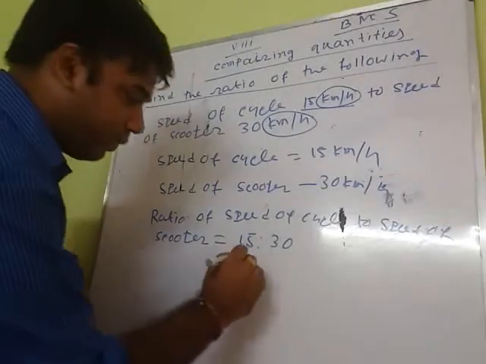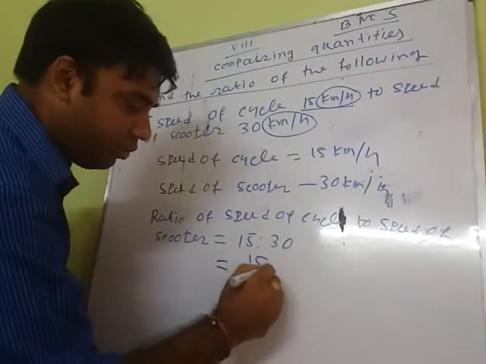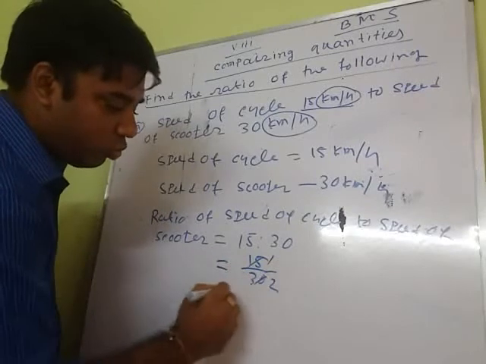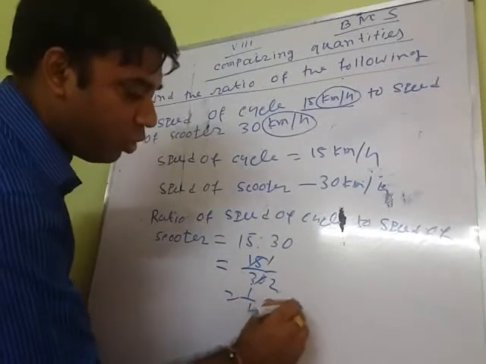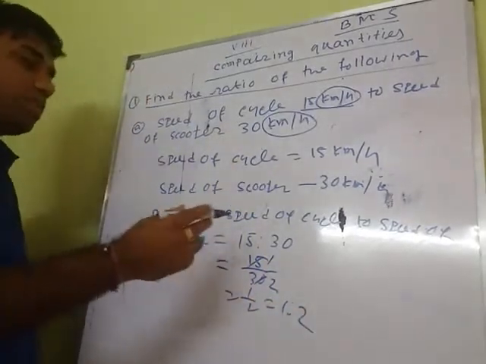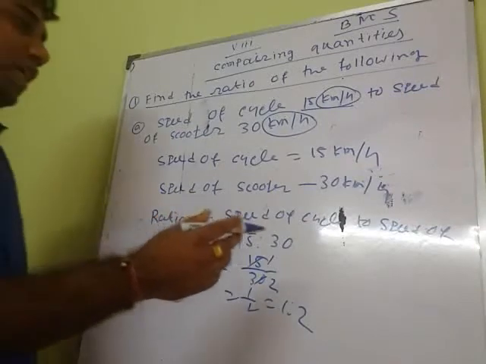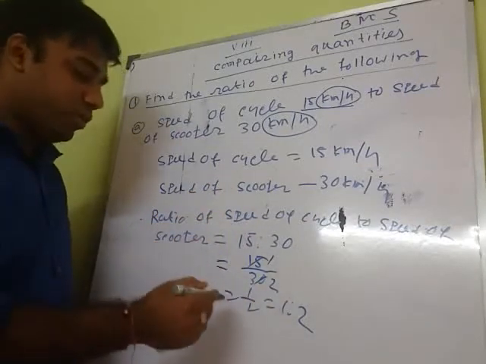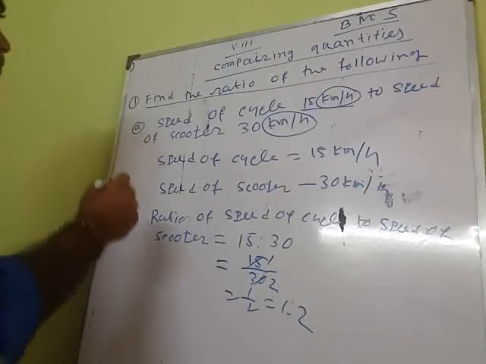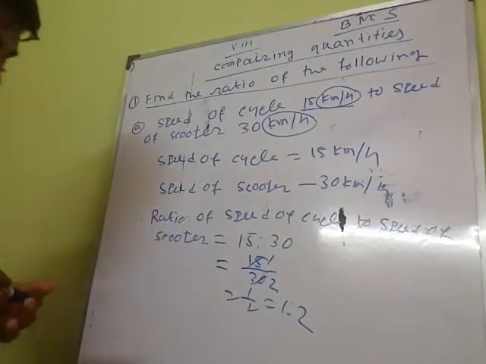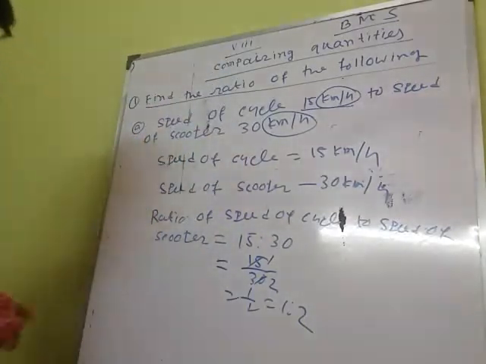That is 15/30. If you reduce it, that is 1/2. So 1/2 means 1:2. So the ratio of the speed of cycle to the speed of scooter is 1:2. That is part A. Now moving on to part B.